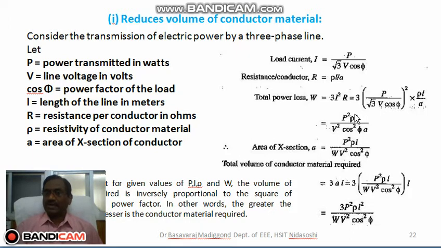So finally we get P square rho L by V square cos square phi into A.